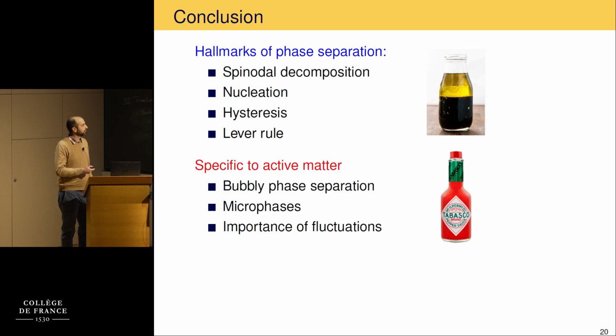But on top of that, you have the spice, things that are more specific to active matter. And so this bubbly phase separation that turns to a microphase separation at large scale. And in both cases, you see that it's not captured by a mean field theory, and the fluctuations are essential in understanding these phase separations.